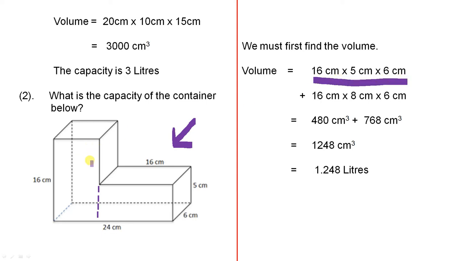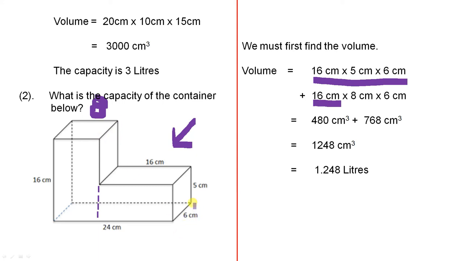Now this part here, we know it's 16 centimetres high, so that's that part. The 8 centimetres: here we have 16 centimetres and here we have 24, so from there to there, that section, which is the same as this one, will be 8. Okay, so from there to there is 8, and along there is 6.